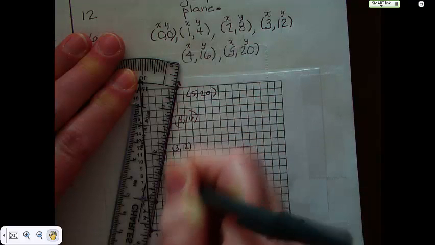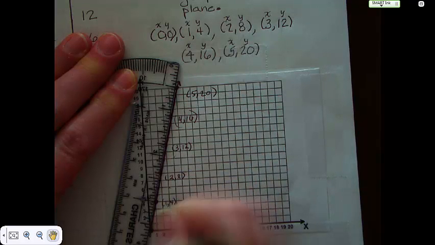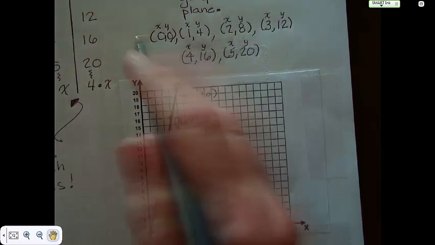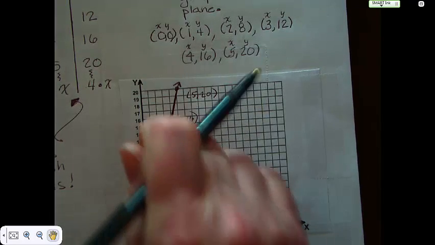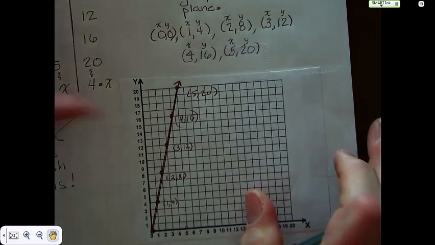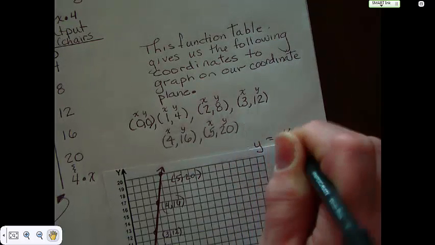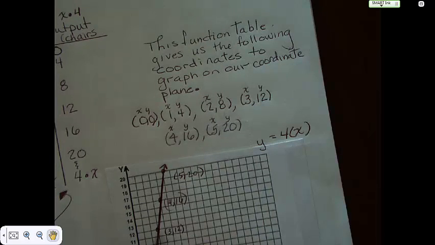So, if you were to pick any answer that showed up on this line, I don't care where it's at, if you could pick the point off the line, it would satisfy this linear equation of y equals 4x. Any point on that line.